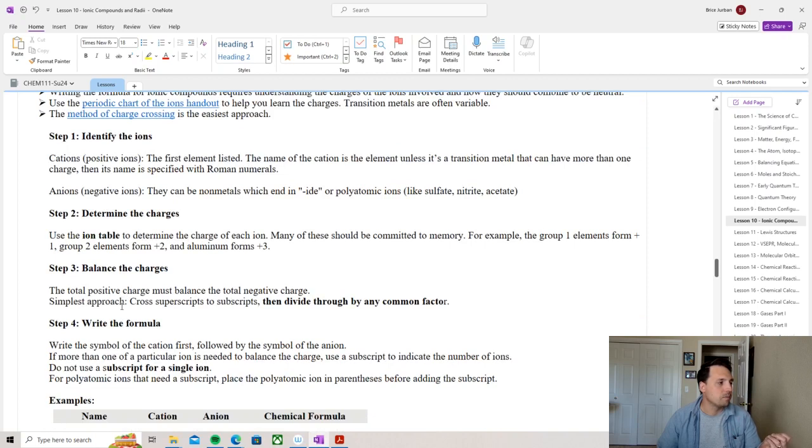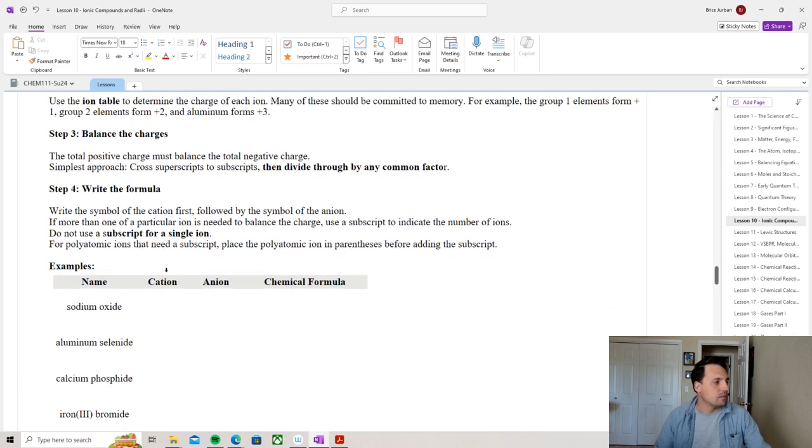So we may need to take the superscripts, cross them to become the subscripts, and then we may need to divide through by a common factor, such as 2. Make sure that you don't use a subscript for a single ion, that's implied. We won't get to polyatomic ions until lesson, I believe, 14.